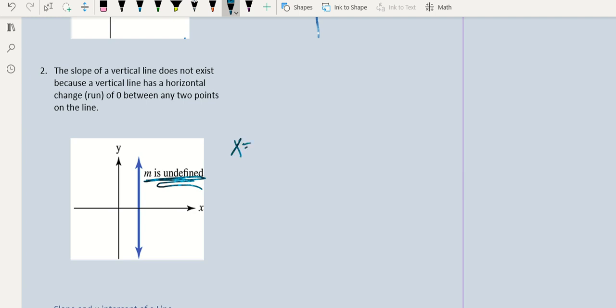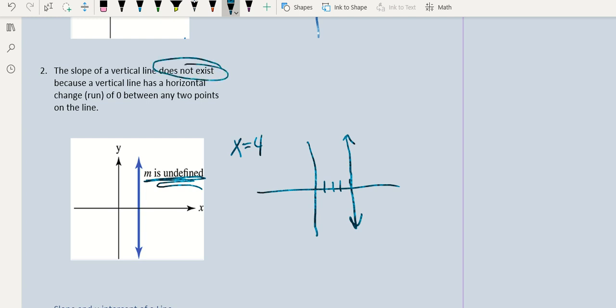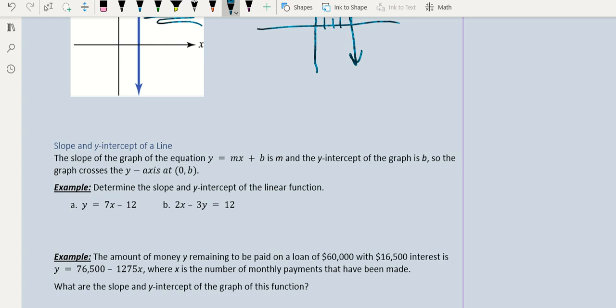Again, if I give you a quick example, if I said x equals 4, if this is 0, 1, 2, 3, 4, that means it's a straight line up and down at 4. And again, that means my slope is undefined, or AKA does not exist.